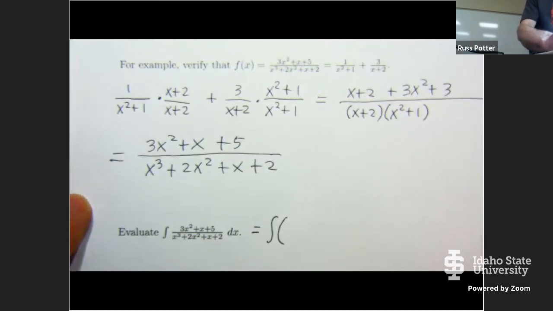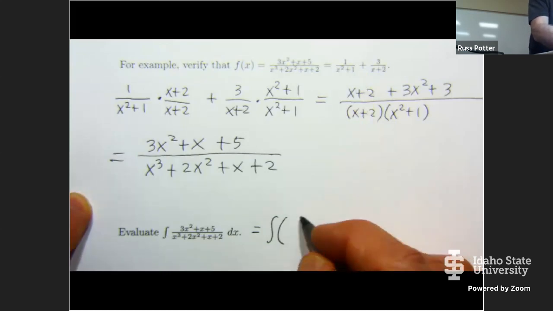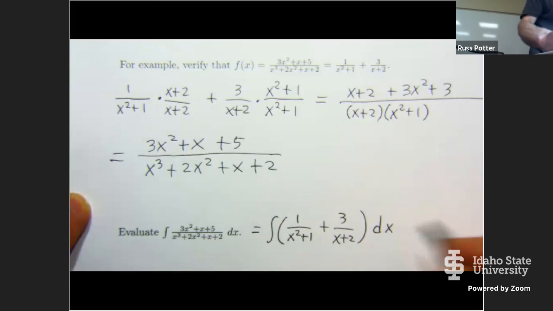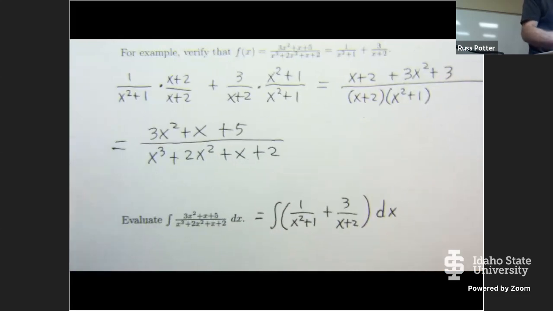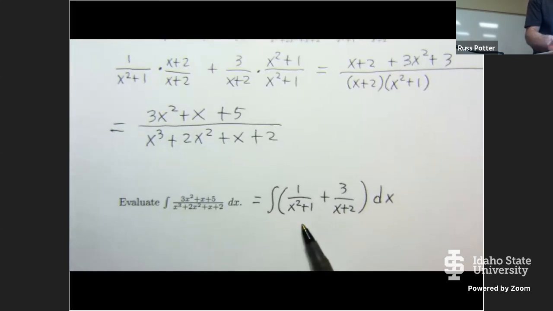Instead of writing this entire rational function, we're going to write it as this sum, the indefinite integral of 1 over x squared plus 1 plus 3 over x plus 2 dx. And we know how to evaluate this indefinite integral. We get an opportunity to practice a trig substitution for one of them.